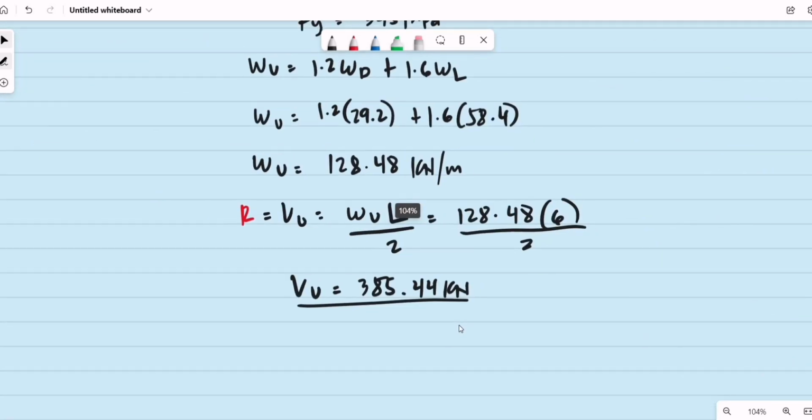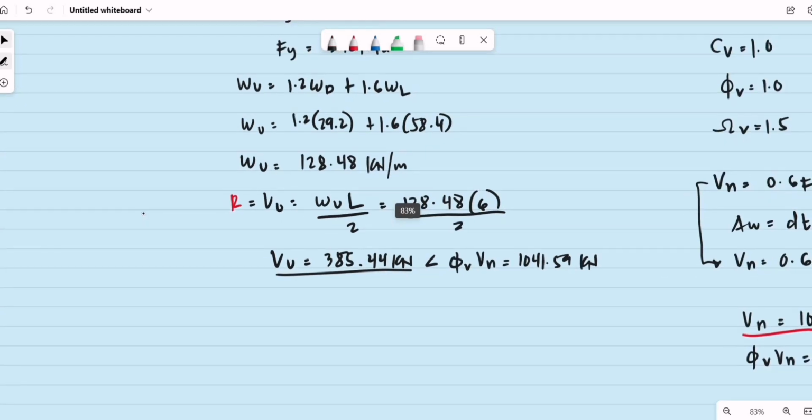Again, V sub U is less than the value of V sub n, which is equal to 1,041.59 kilonewtons. So we can now conclude for the LRFD, W21 by 55 is adequate.